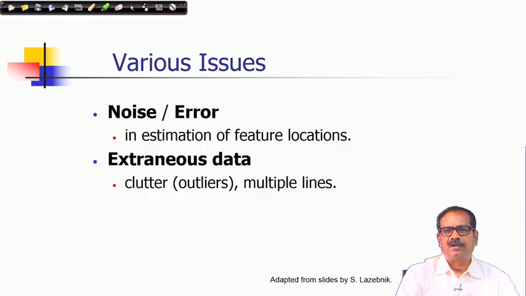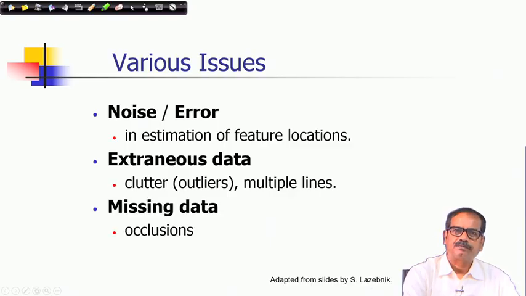So, your model is for a single line, but actually there are multiple lines, and then again the single line model will not be applicable there. Some data could be missing also, for example, due to occlusion. So, it is a kind of partial information that you observe in your data points, and it will not give you the full picture of a model in that case.